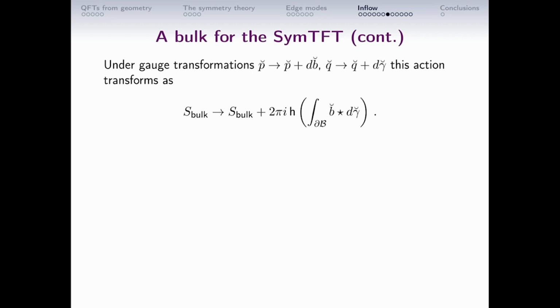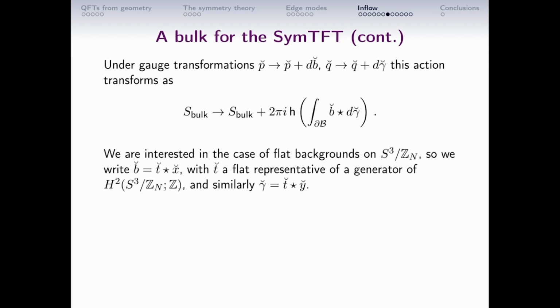So if you now take this action here and you do a gauge transformation, where we're shifting by a dB and a d gamma, you can just compute what you get, and you get a boundary term of that type. And you're interested in the case of flat backgrounds. Remember, this is some sort of reduction, so I'm going to restrict myself to a flat background.